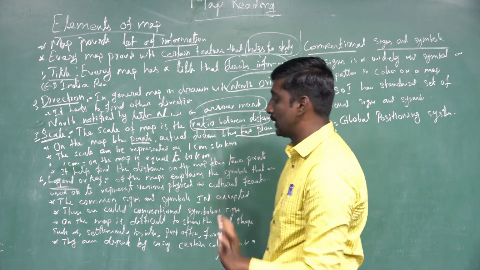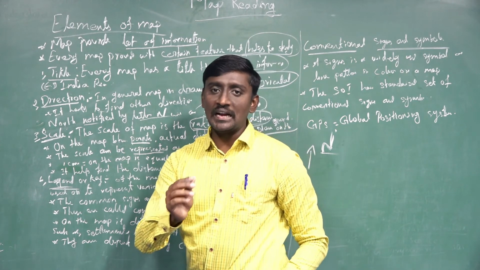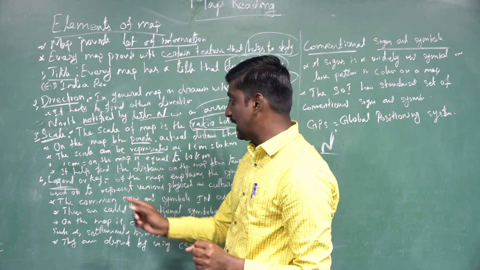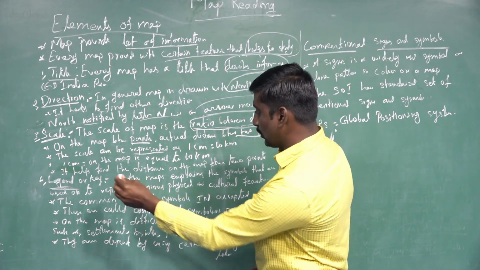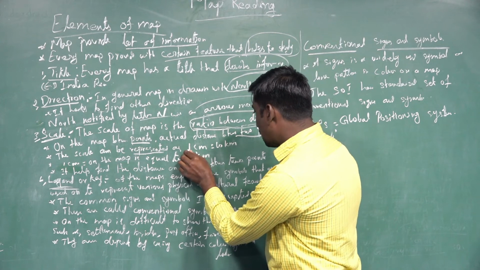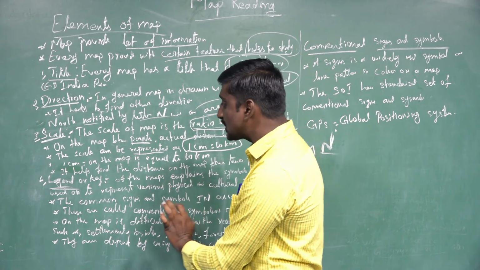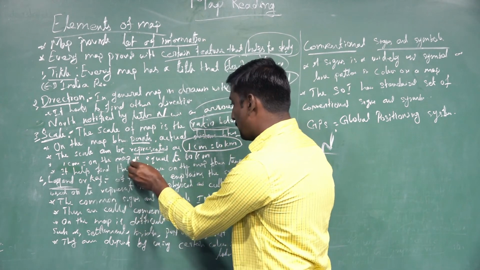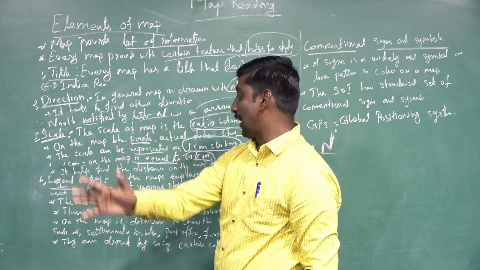The scale can be represented as 1 centimeter equals 10 kilometers. It means 1 centimeter on the map is equal to 10 kilometers on the ground.